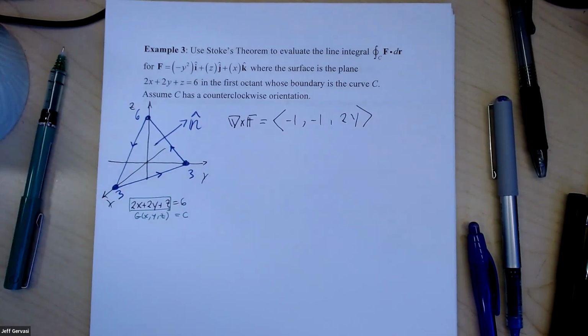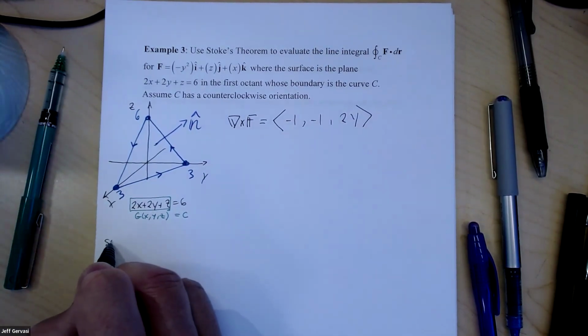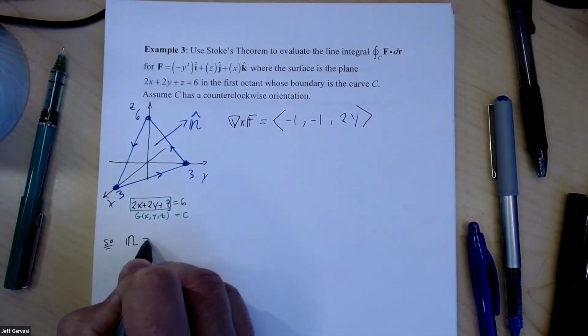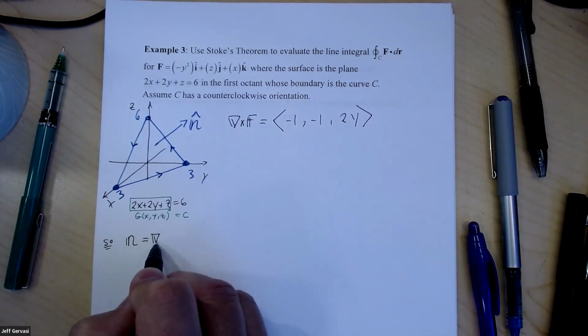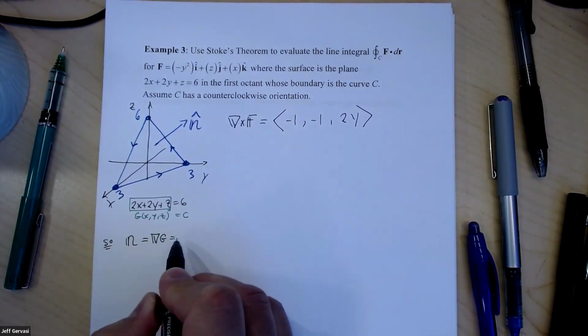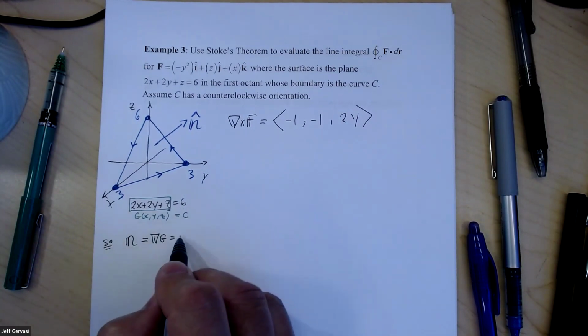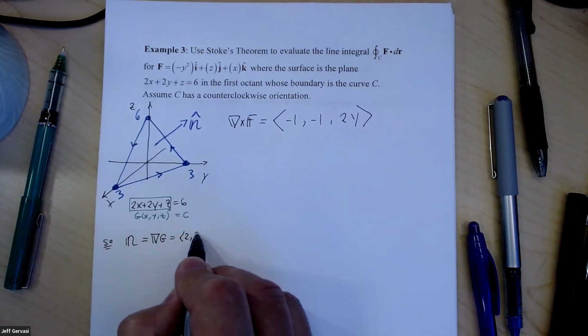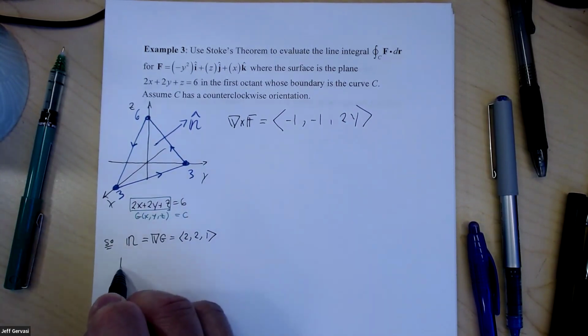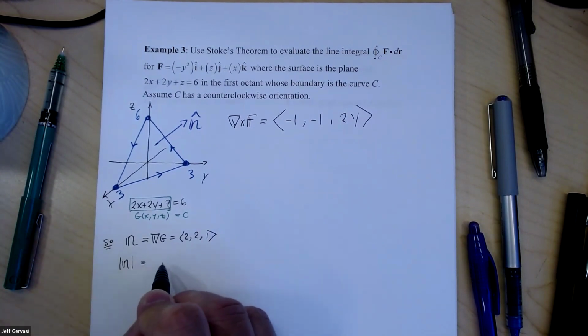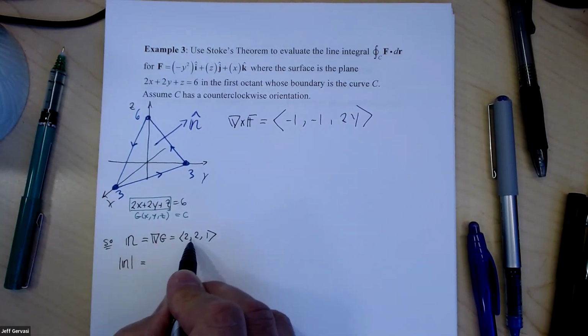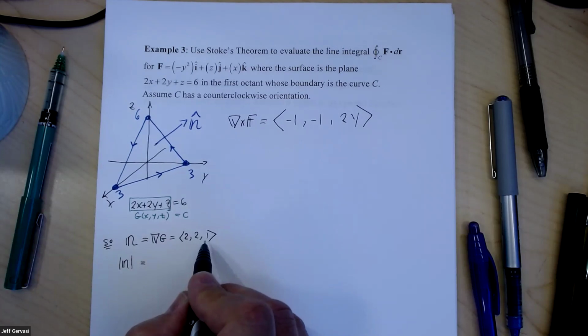All right, let's see. All right, so the gradient vector is going to be what? 2, 2, and 1. The magnitude of it is, let's see, 3, right? Square the components, add them up, take the principal square root.